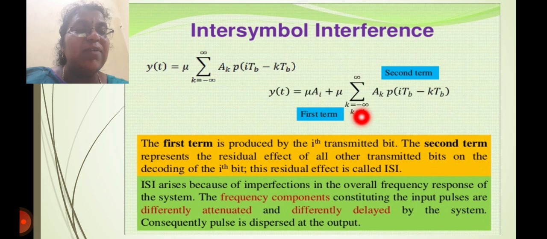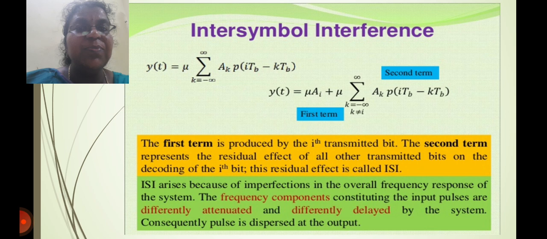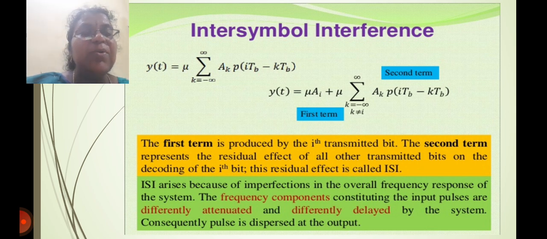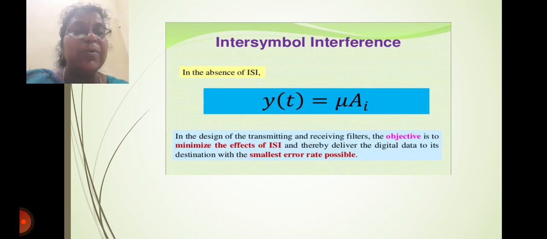This residual effect of all other transmitted bits is what is called intersymbol interference, or ISI. This occurs due to imperfections in the overall frequency response of the system. The frequency components constituting the input pulses are differently attenuated and differently delayed by the different systems used in the transmission system. So the pulse is dispersed at the output.